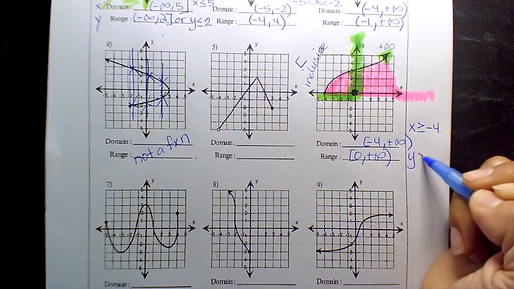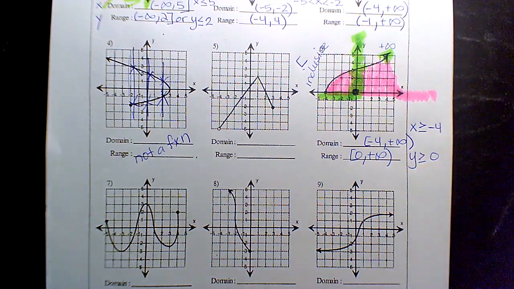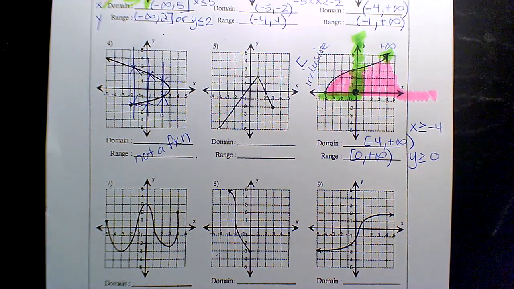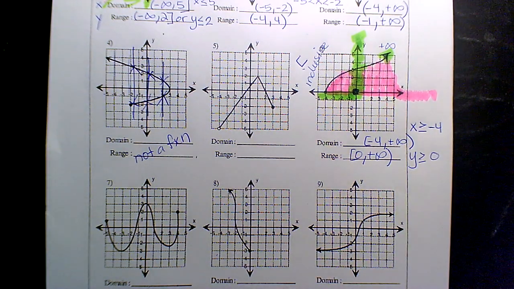Or y is greater than or equal to 0. And by the way, students sometimes mess up and put x because you're so used to x, x, x, and then you get it right. Some of you will make that mistake constantly because you're so programmed to x, but range is y, domain is x. You'll get everything right, but I always have students go x, x. There's a few of them.